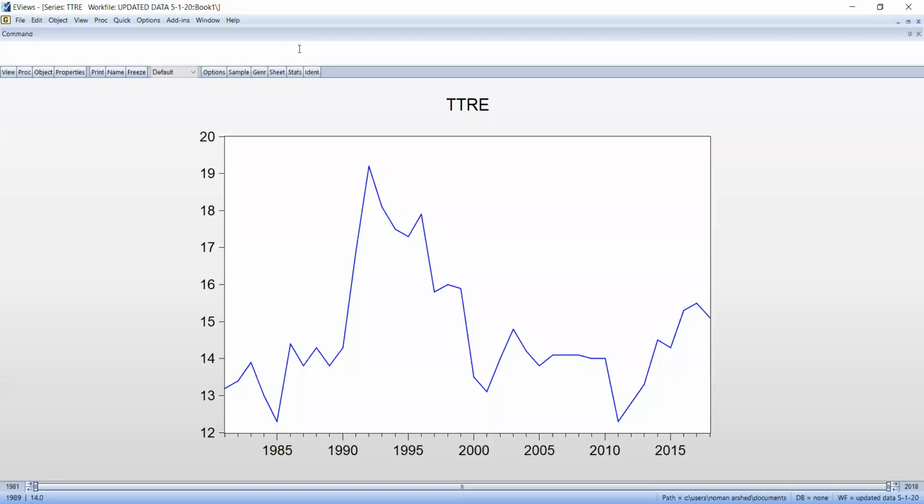Let's see, if I annotate, if I draw the most representative straight line on it, it will be like this. Since the most representative line is not starting from zero, and the starting point of the line is also not zero, this confirms that the data is not starting from the origin. So since it is not starting from the origin, we should not use the no constant method of the unit root test.